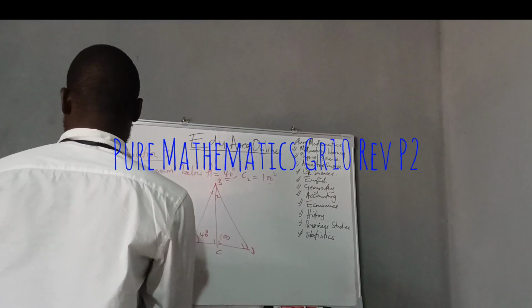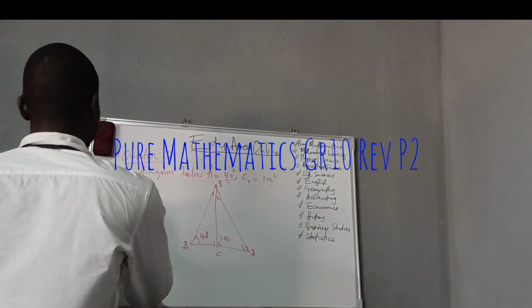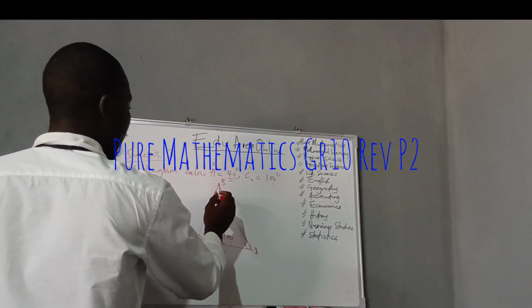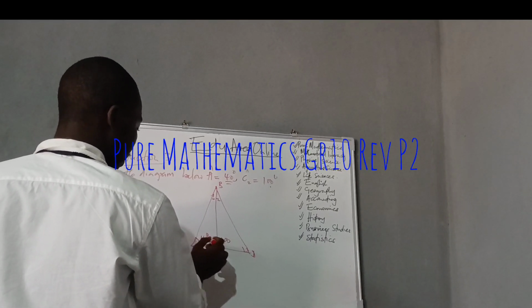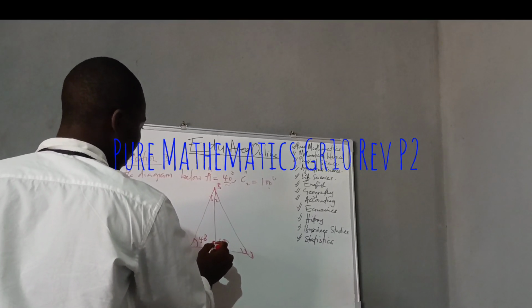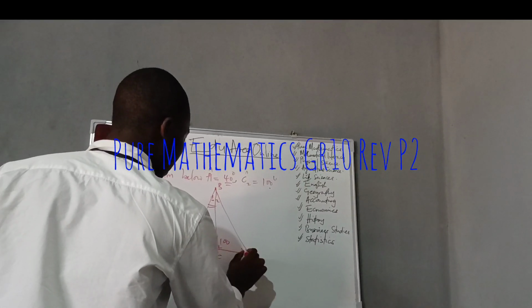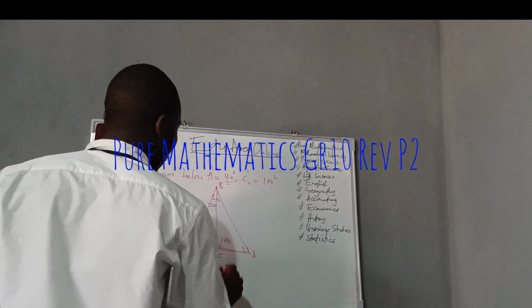So determine with reason the size of the angle. So we want the angle B cap 1. So what is B cap 1? B cap 1 is this one. So we know that this one is 40 degrees, right? But we don't know this angle, and we can't find this angle. But we know that these angles are sitting on a straight line. And we say angles on a straight line add up to 180.